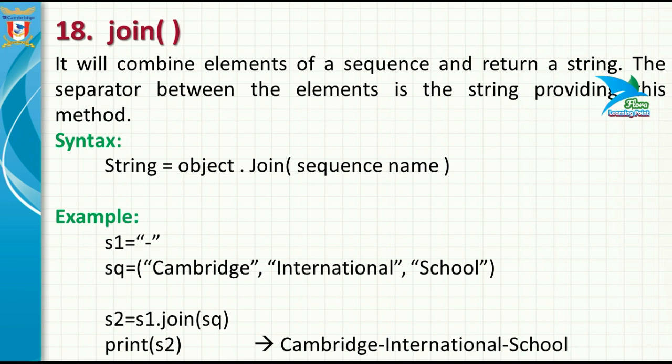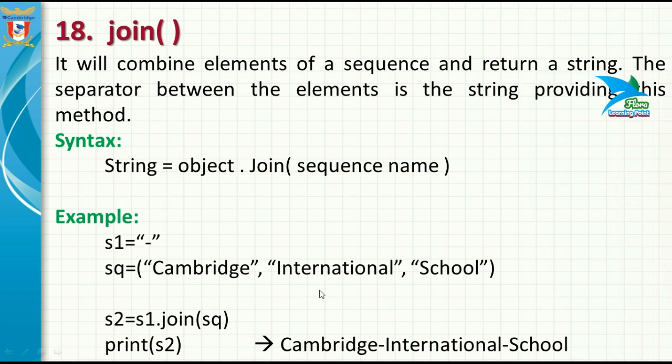And the separator between all those elements is the value of that string, by using which we will call this function. So for example, in this example, the value of s1, that is the main string, is a hyphen, or you can place anything else, and this one is the sequence or list, and the elements inside that sequence are Cambridge, International and School.